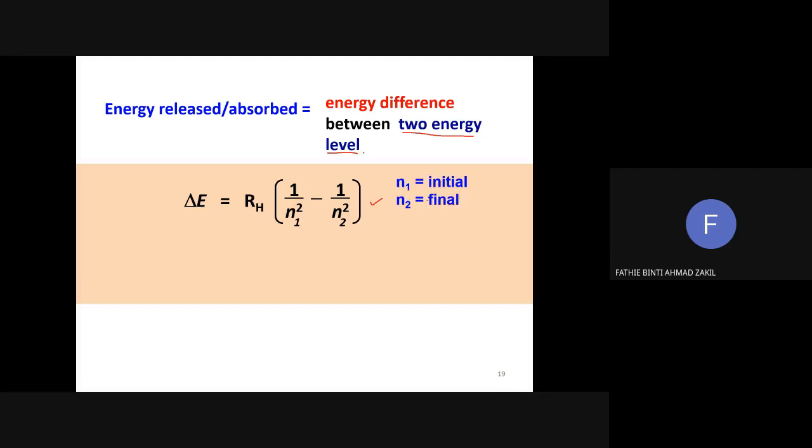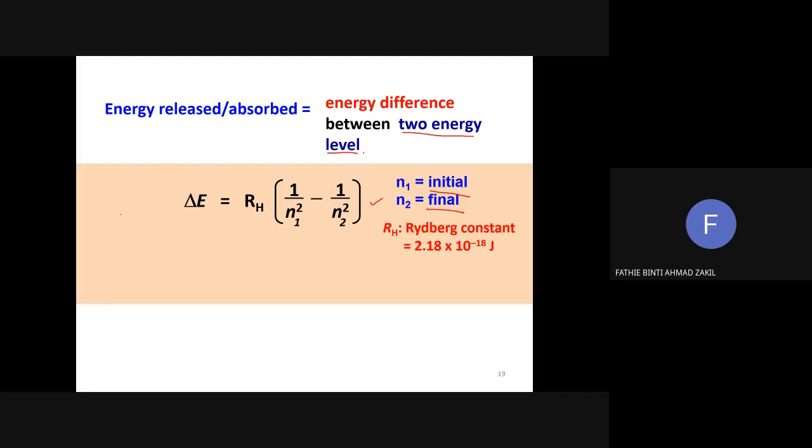Please note bahawa N1 ni adalah yang initial dan N2 ni adalah yang final. RH ni adalah Rydberg constant, 2.18 darab 10 negatif 8 Joule.